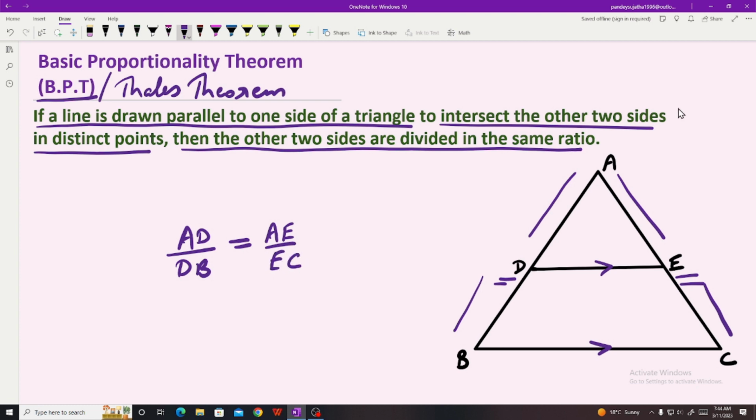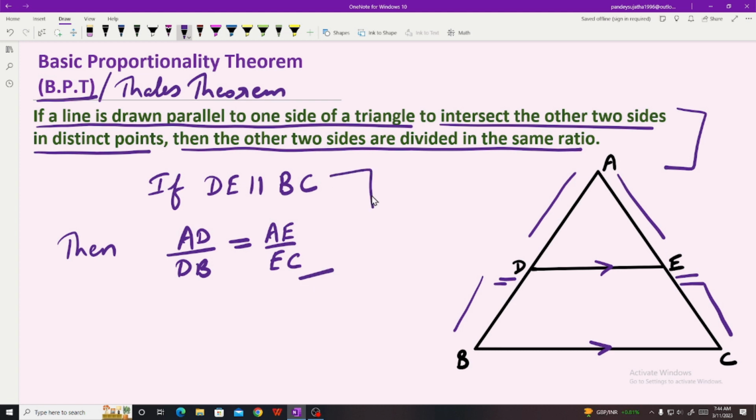So in short, this theorem means if DE is parallel to BC, it is given here DE is parallel to BC, then AD upon DB will be equal to AE upon EC. So this is what we need to prove. If this is given, then we need to prove that the sides are proportional.